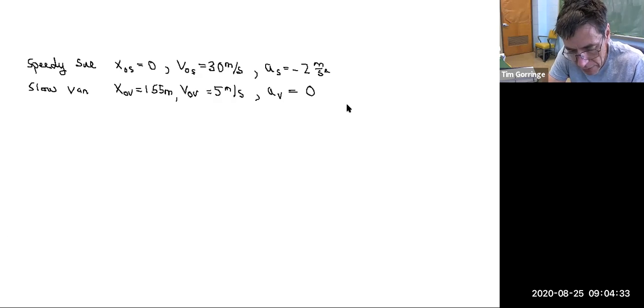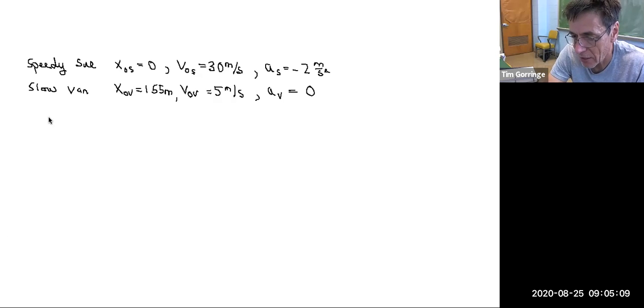The way I did it was to take this information and write down an equation for Speedy Sue's position as a function of time, and the slow van's position as a function of time. Then I'm going to see if Speedy Sue's position and the slow van's position coincide at a particular time. If they coincide at a particular time, it means that they're in the same location at that time.